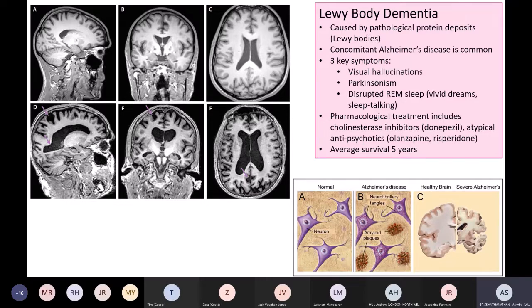So they end up getting vivid dreams, or they might sleep talk. And this is why there's a bit of overlap with Parkinson's as well as Alzheimer's here too. You can also treat this with cholinesterase inhibitors or atypical antipsychotics as well. And the average survival for Lewy body dementia is about 5 years, whereas Alzheimer's can be a lot longer.